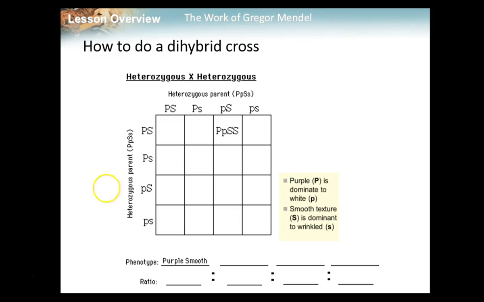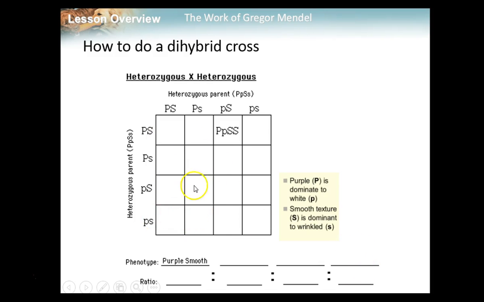All right, so let's take a look here. You should have gotten all the rest of these, big P, big S, little s, and finish these all out. And you should have ended up with some that were purple and smooth, some that were purple and wrinkled, some that were white and smooth, and some that were white and wrinkled.